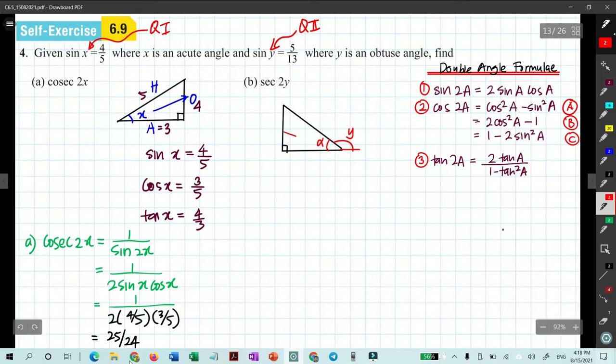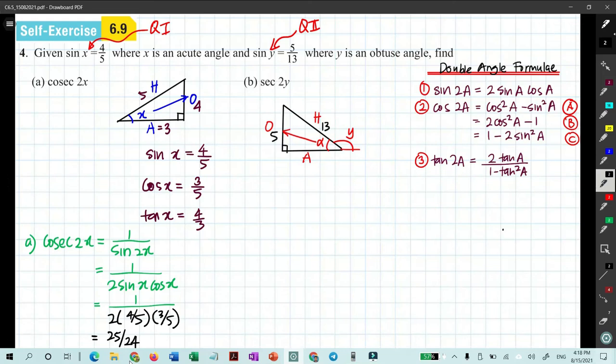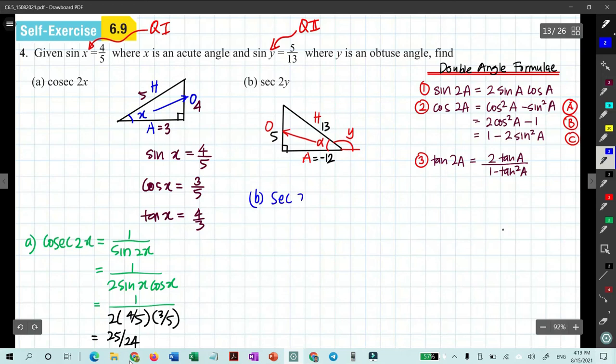This is the opposite side, hypotenuse here and adjacent is here. The opposite is 5 and the hypotenuse is 13, and the adjacent is going to be 12, but since the triangle is in the second quadrant, the adjacent must be negative 12.